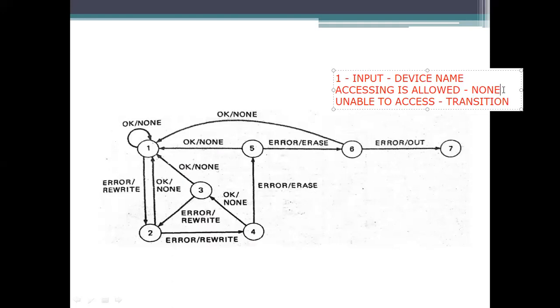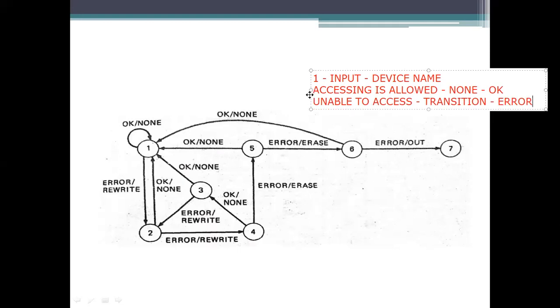So when we are taking it as none, when we are accessing the data, if the input is okay, it means it is allowed to access the data, then it specifies that nothing has to be performed here. And coming to unable to access, it means the input is not allowed to access the data here.